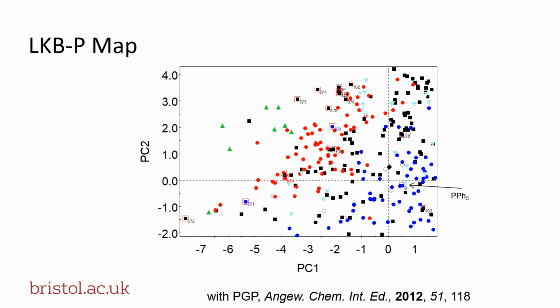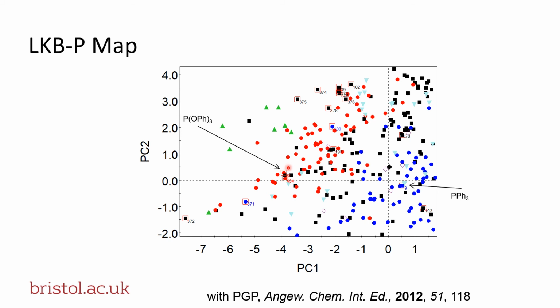You can also zoom in on this, and here we've got a problem where we've got a system called triphenylphosphine, and it's okay for catalysis, but it's not great. On the other hand, these types of systems where we've essentially inserted an oxygen between the phosphorus and the phenyl group make much better catalysts. They're quite quick, but they're not very stable.